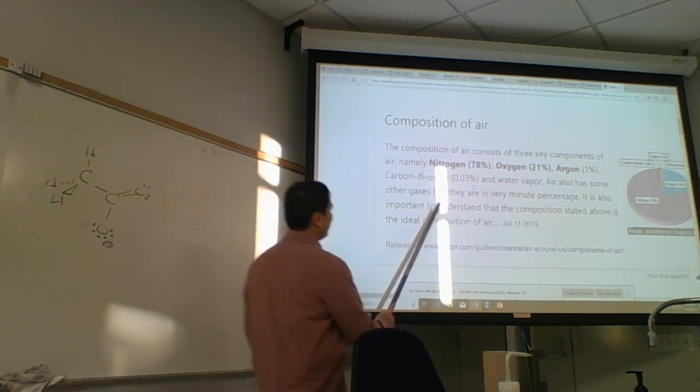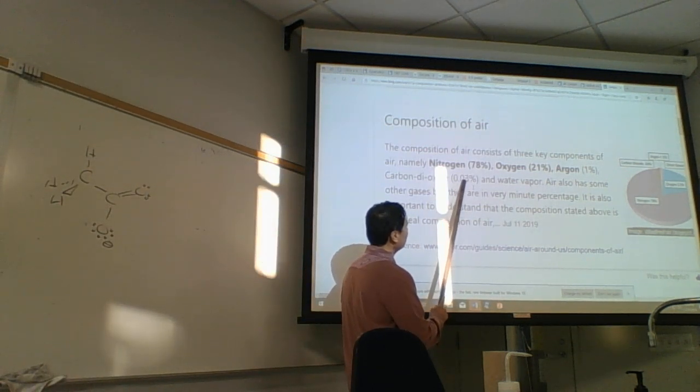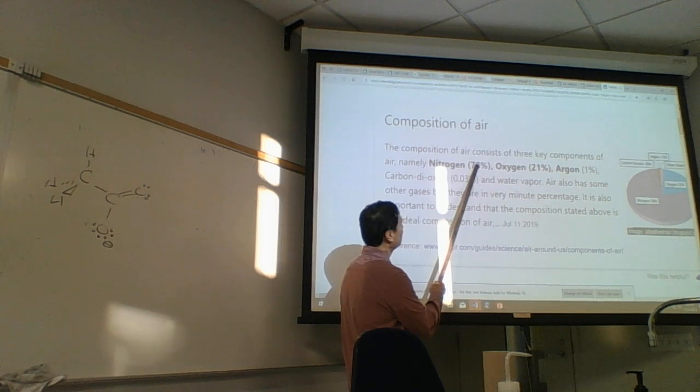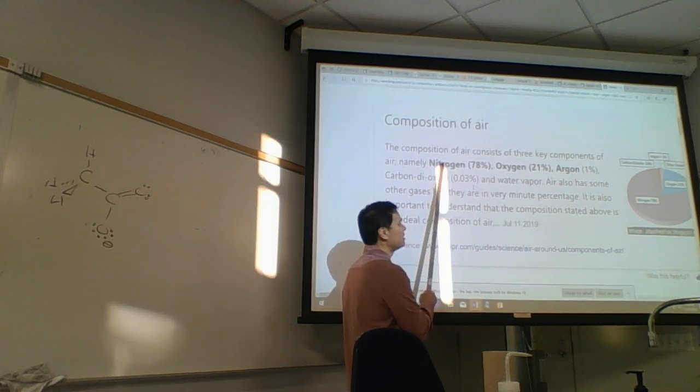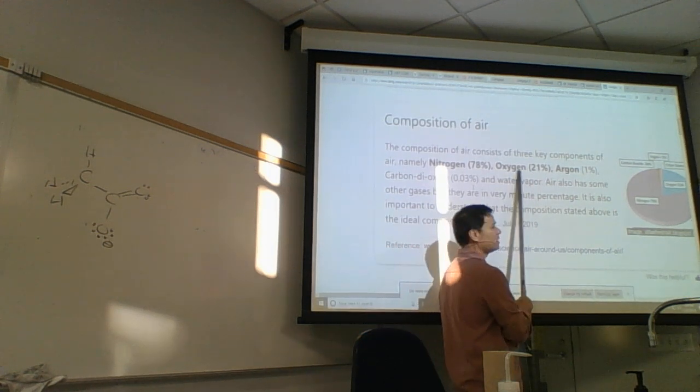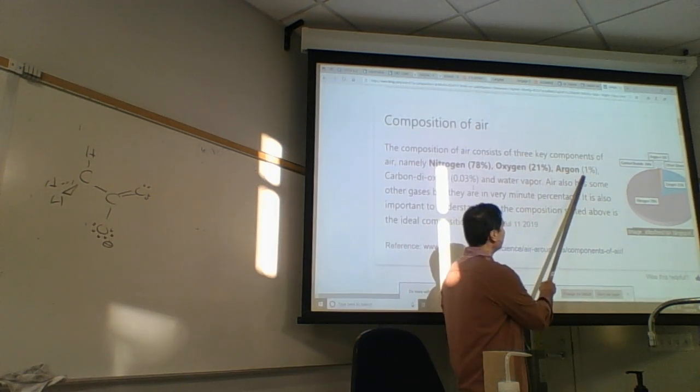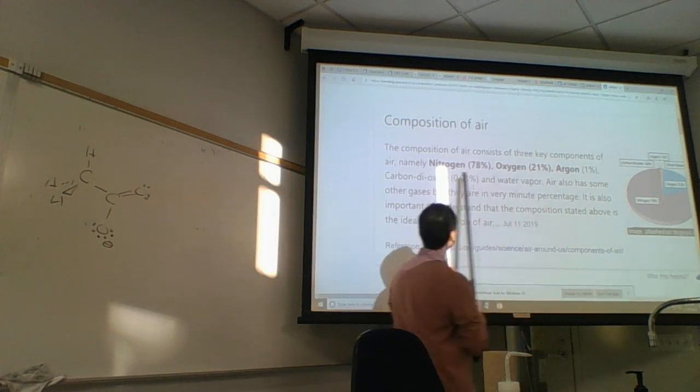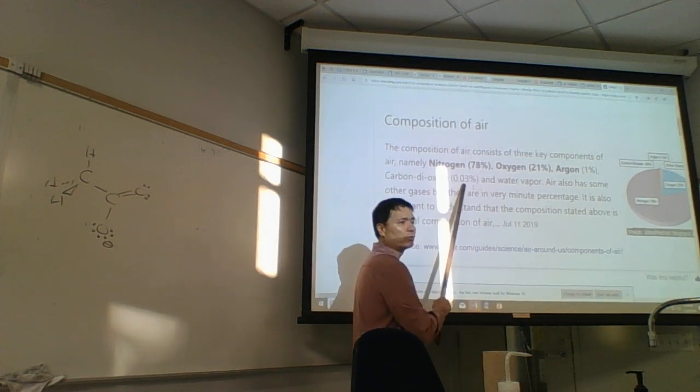If I have 100 atmospheres of air, then I would have how many atmospheres of nitrogen? 78. And oxygen? 21. And 1 atmosphere of argon. And how much CO2? 0.03 atmospheres.